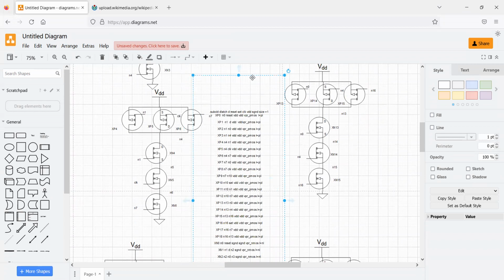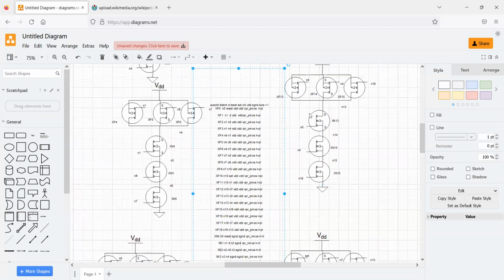Afterwards, we have XN13, which is N13, N0, N14, XN14, N14, N4, N15. XN15, N15 and N16, ground.